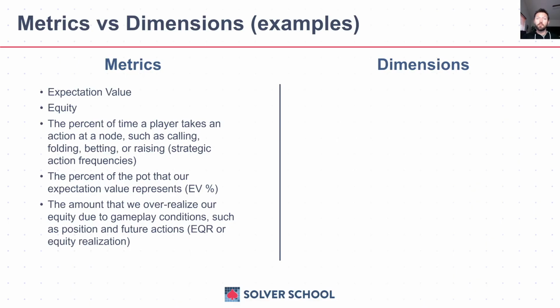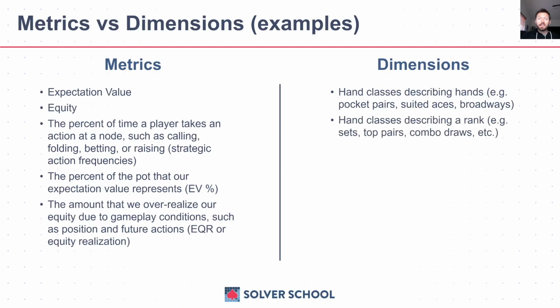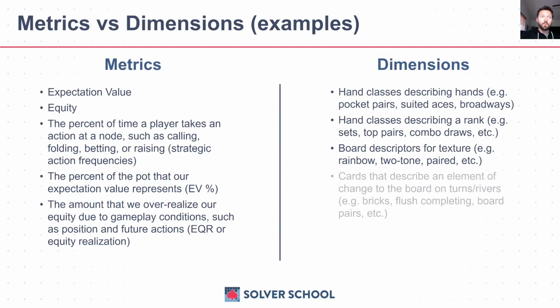They're all data points. Dimensions can be things like hand classes that are describing particular hands, like pocket pairs or suited aces or Broadway cards. They could be hand classes that describe the rank of those hands alongside the overall board, so things like a set, top pair, combo draws, etc. They could be board descriptors for the texture of a board, so maybe things like, if you're describing a flop, a rainbow flop or a two-tone flop or a paired flop.